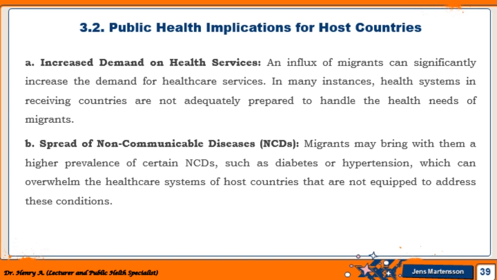Now, the second implication is the spread of non-communicable disease. Migrants may bring a higher prevalence of certain non-communicable diseases such as diabetes or hypertension, which can overwhelm the healthcare systems of these host countries, which are not fully equipped. They don't have more than enough to cater for themselves, let alone for the additional citizens.